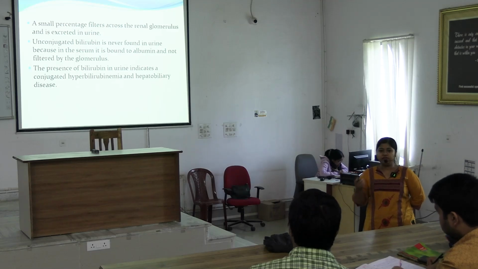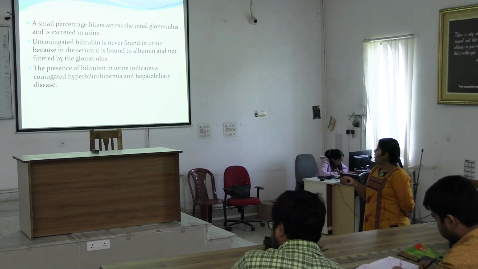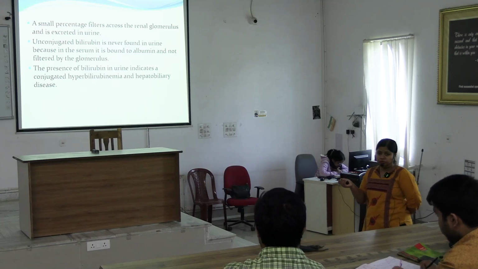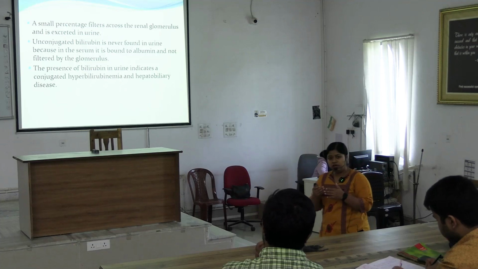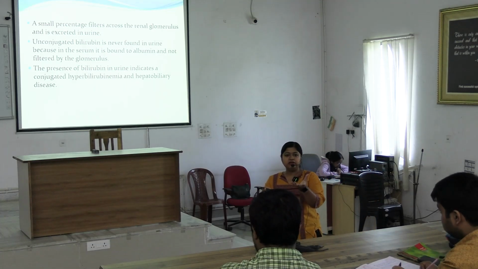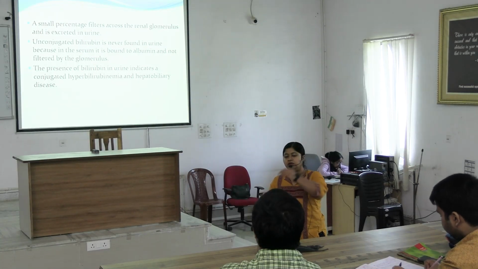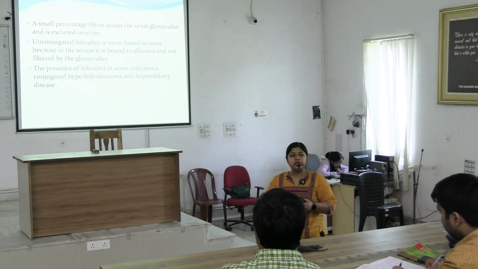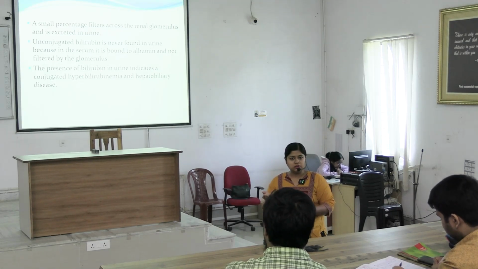The high color of urine can be because of conjugated hyperbilirubinemia. How? Because in the liver conjugation is occurring. If there is obstruction in the bile duct, whatever conjugation is happening there cannot come into bile, so it will backflow into the systemic circulation.